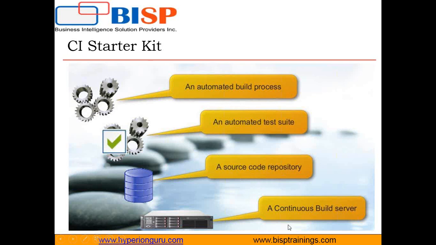Finally, we will use a build server, and the build server will use Maven. So that is the complete CI starter kit. And finally, we will use Jenkins as a complete tool, which can include Git as the repository server, do all the testing, and perform all the steps of continuous integration.